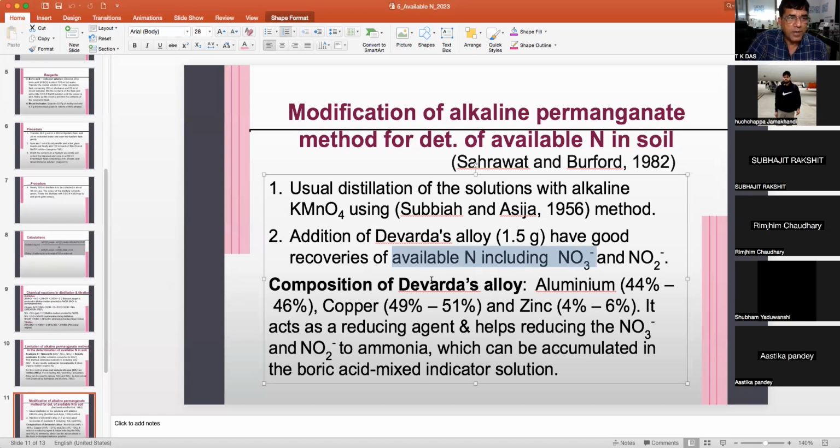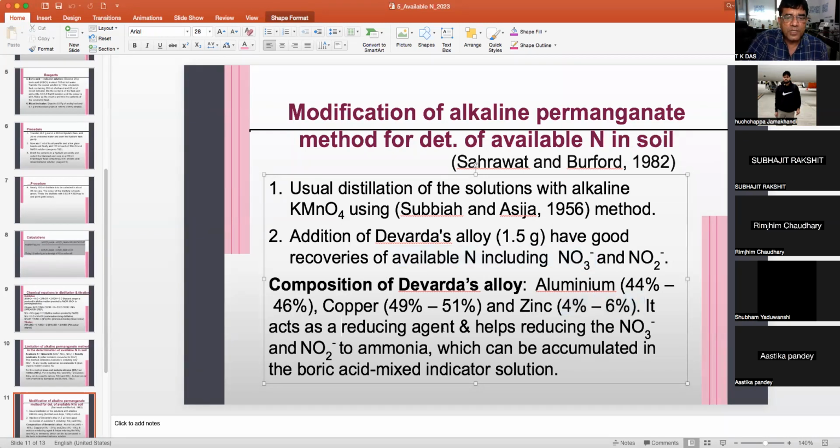So what is Devarda's alloy? It is a powder of metals, metallic powders. Three metals are there. This is the composition of Devarda's alloy, which is largely dominated by copper. You see, copper is 49 to 51%, aluminium 44 to 46%, and zinc is only 4 to 6%.